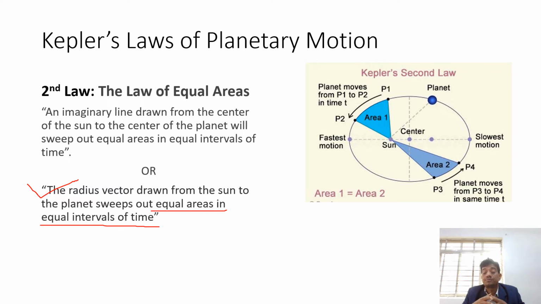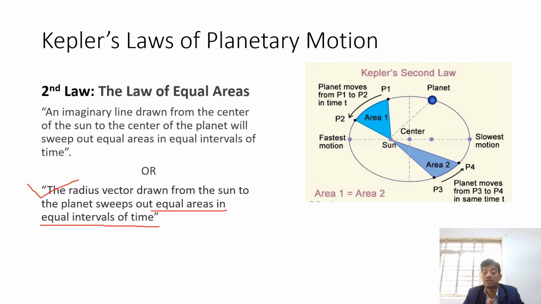Here, you have seen the areal velocity during planetary motion is always constant. Areal velocity means area divided by time. Since the planet sweeps out equal area in equal intervals of time, its areal velocity, area divided by time, is constant.